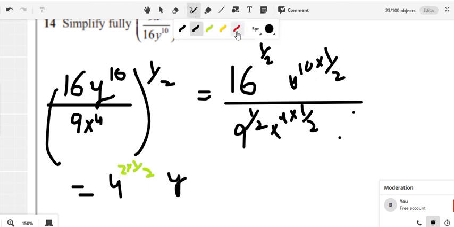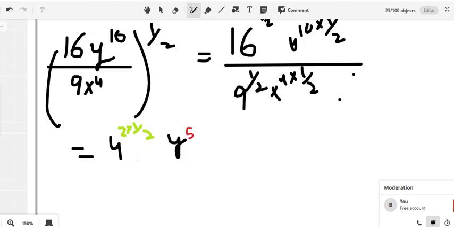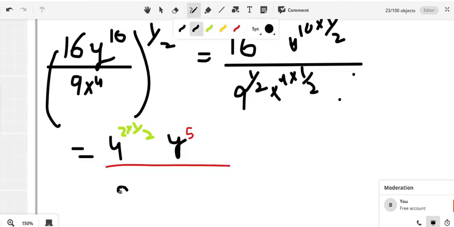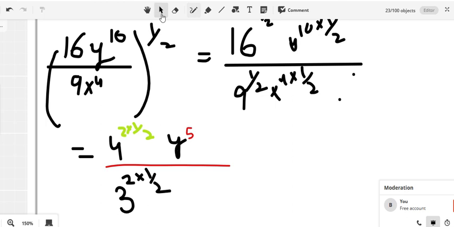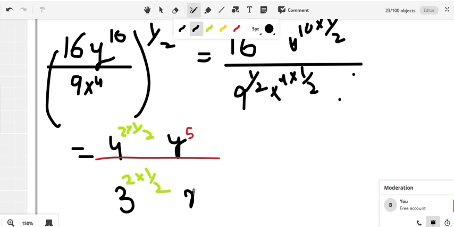So y power is 5 over 9. 9 we can break into 3 squared, times 1 half. And x to the power of 4, which is 2.